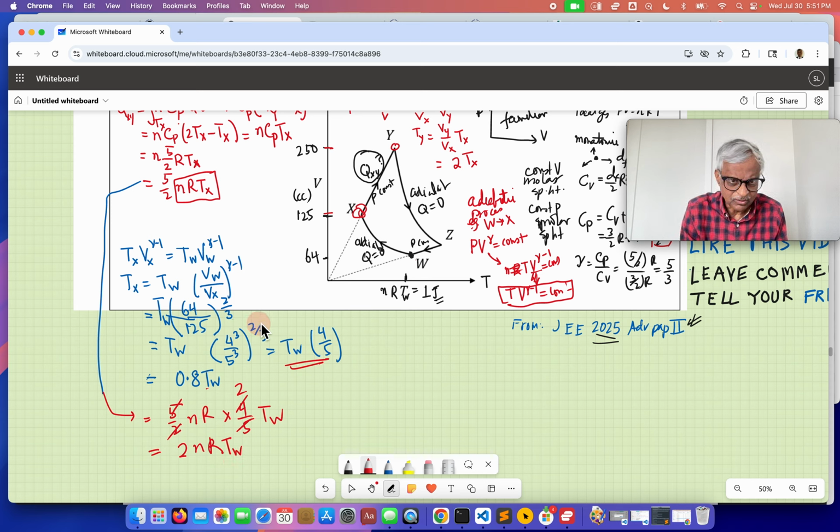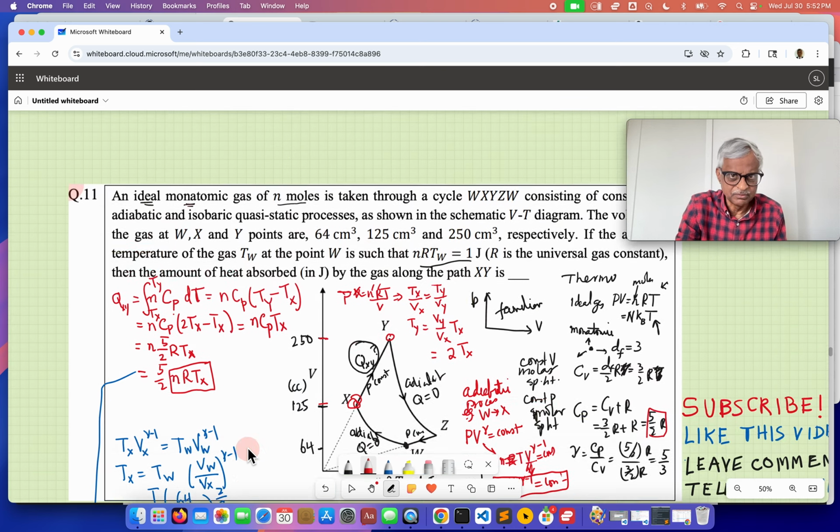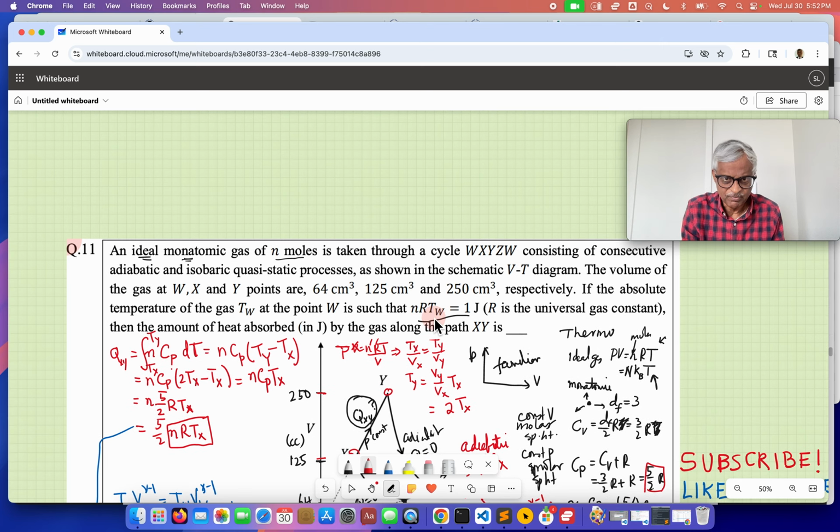I think a square got missed. So this is actually 16 over 25 Tw. So there's another factor of 4, another factor of 5. So another factor of 4 over 5. So this part is given, as you recall, is 1 joule.